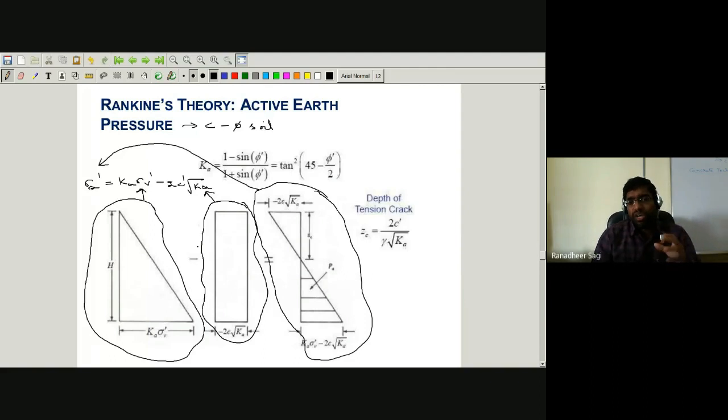Because if you merge it and draw it, sometimes people might find it difficult to calculate your net resultant earth pressure force. Okay, so for making their life simple, they look at the earth pressure distribution diagrams part by part, and then accordingly they calculate where the net resultant earth pressure force acts for this case and for this case.